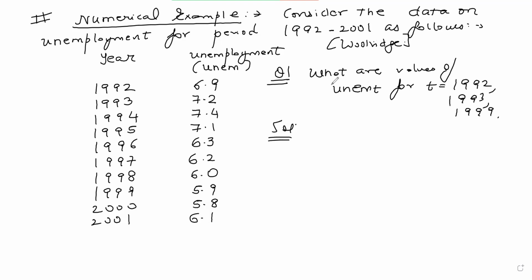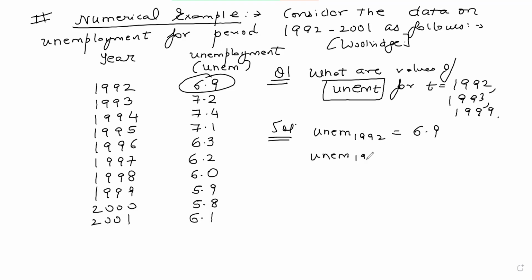I need to find out what is the value taken by the unemployment in period T, where T takes the values 92, 93 and 99. So unemployment in the year 1992 is how much? 6.9. Unemployment in the year 1993 is 7.2%. Data is in percentage term. And unemployment in the year 1999 is 5.9%.